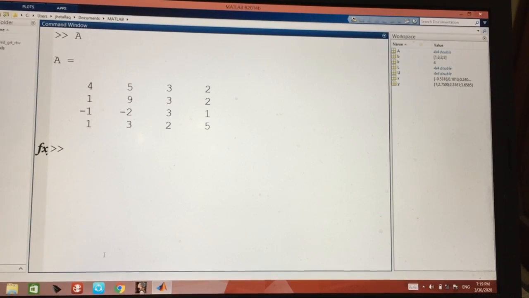Let's just demonstrate by an example here. In this example, we have an A. We go to MATLAB.